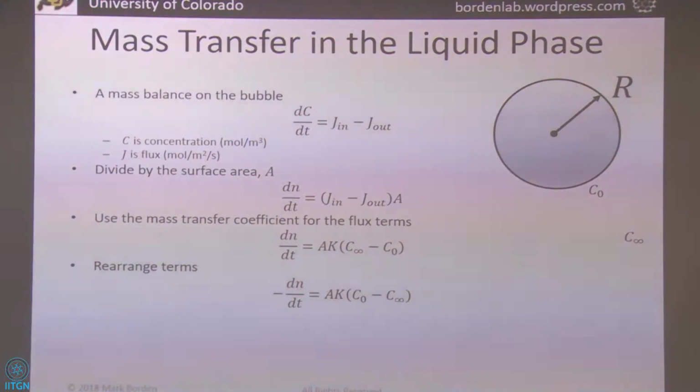Okay? So this is a convenience in setting it up because we know that we're going to have dissolving bubbles. We plug in a Sherwood number correlation for K, that's just D, diffusivity, over R, the radius of the bubble.